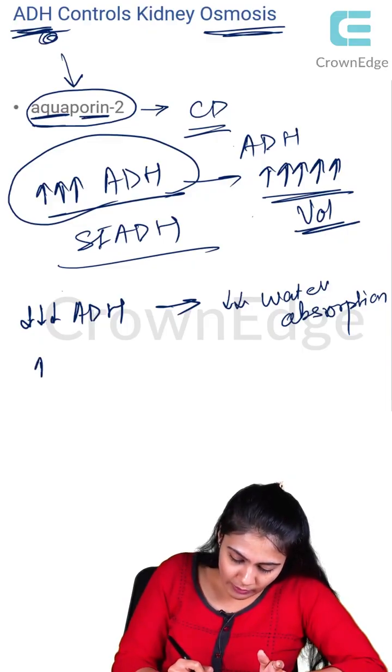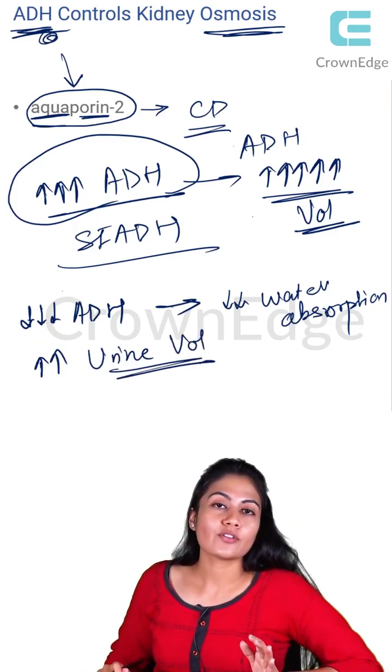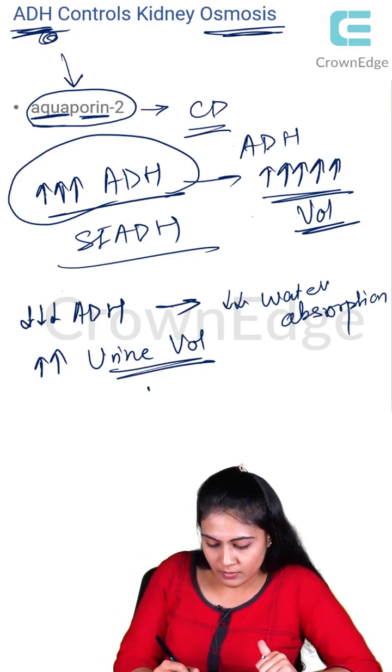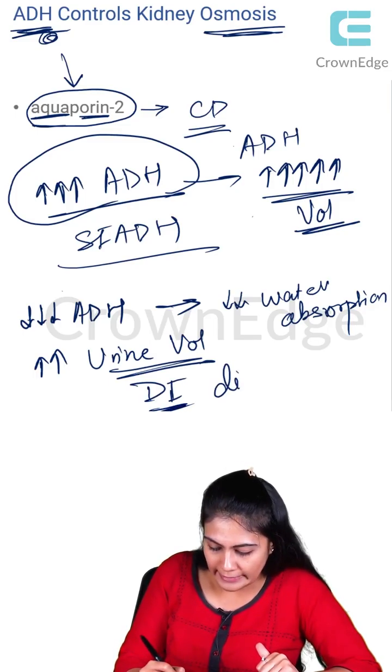So the urine volume will increase, and the person has to go for urination again and again. This disease is known as diabetes insipidus or DI.